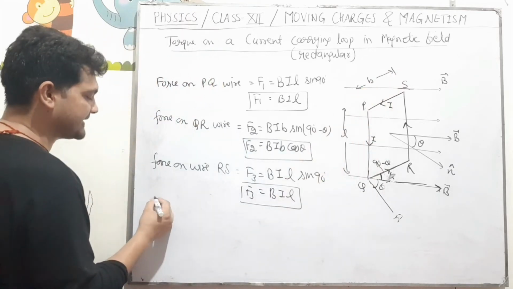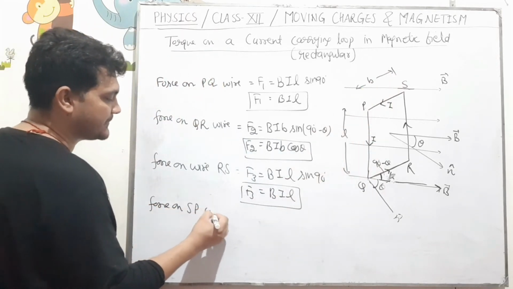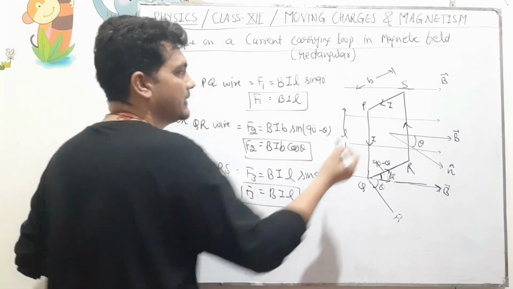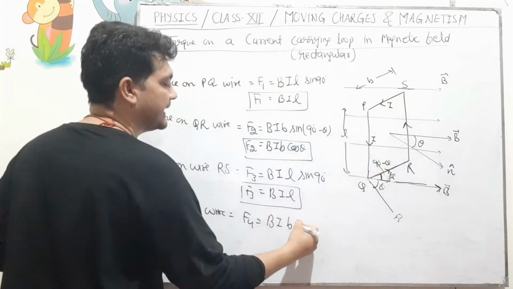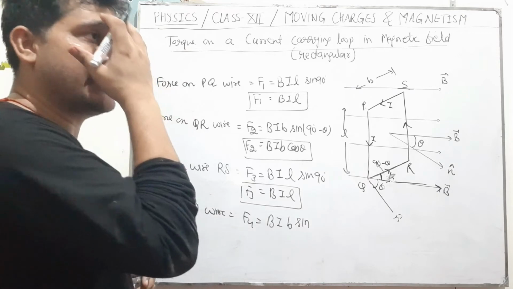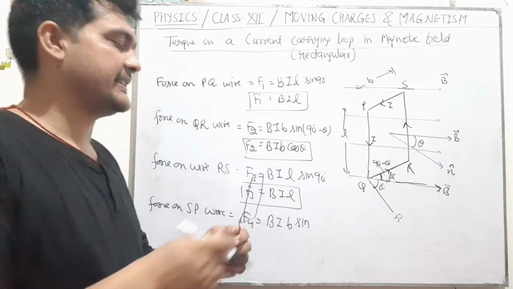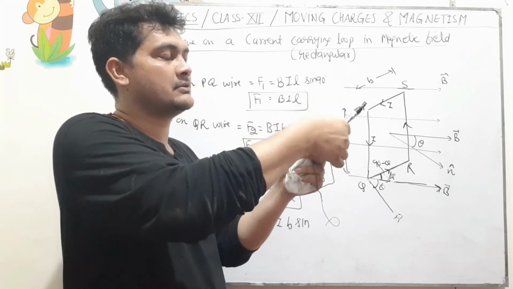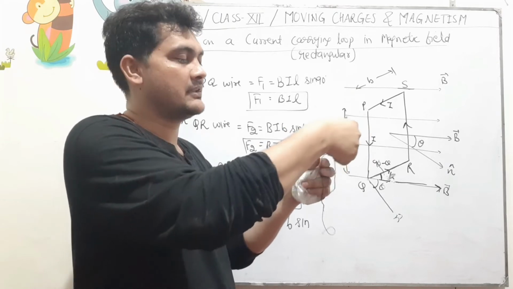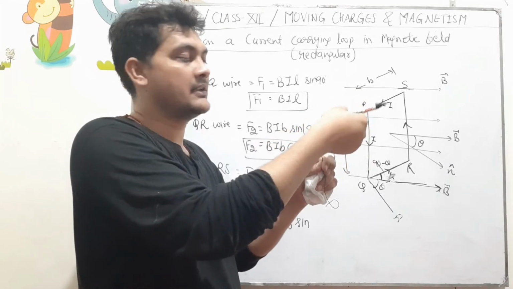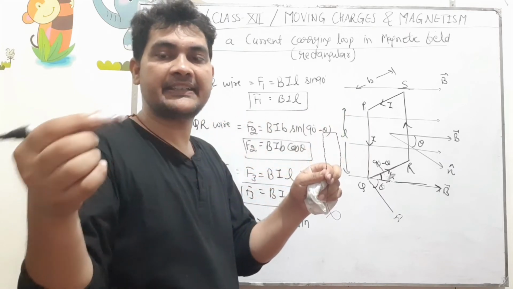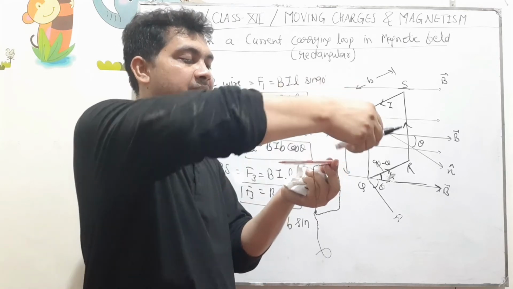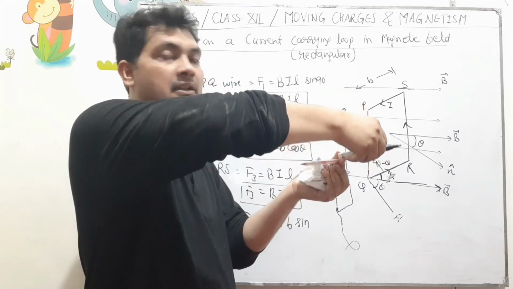Now again, the force on wire SP. You apply BIL sin theta, but here the length is b. The length of this wire is not L, it is b, and sin theta. The angle this time will be 90 plus theta. Because this is SP, the magnetic field is in the rightward direction and the current is in this direction of the pen.